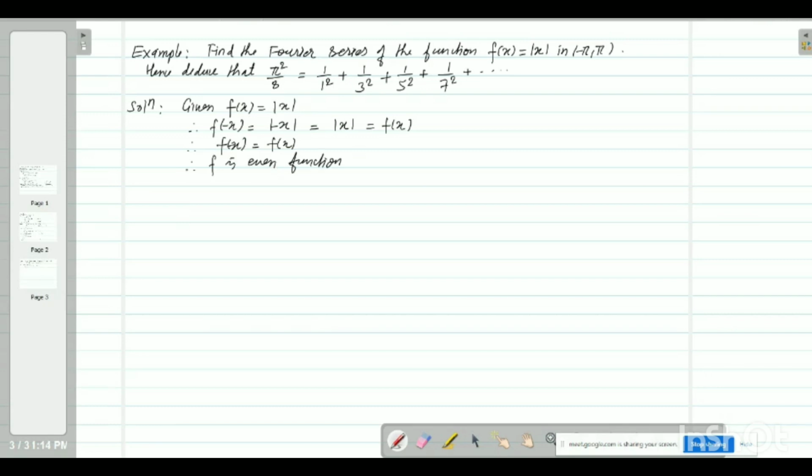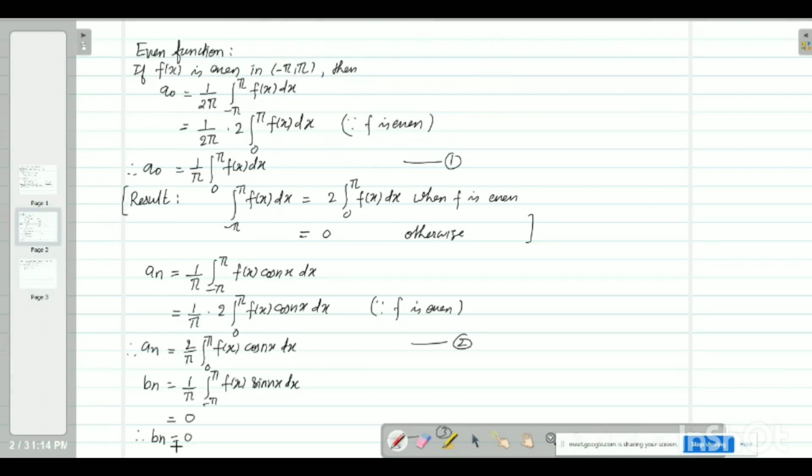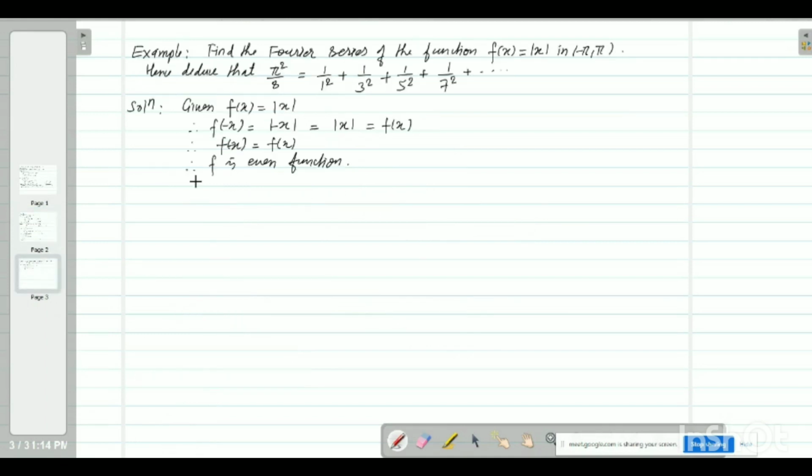Now we have to use the formula for that. Since the function is even, in our result, if the function is even, then bn is 0.